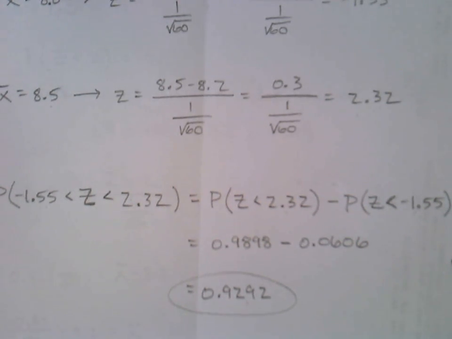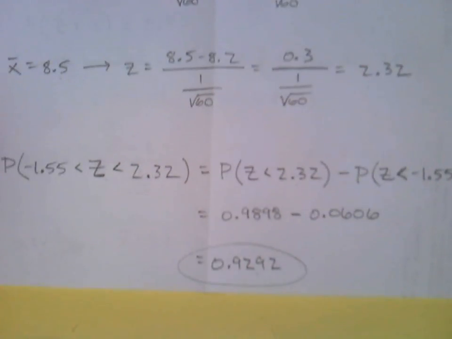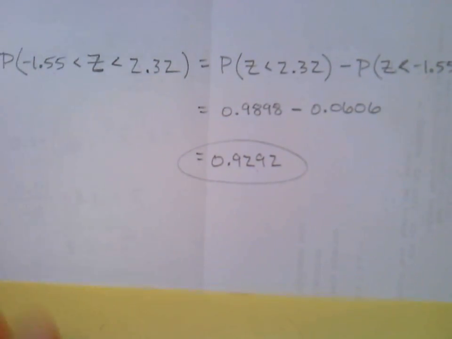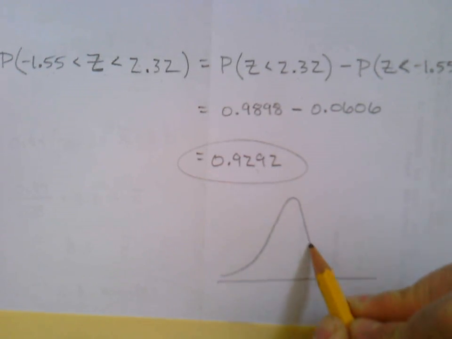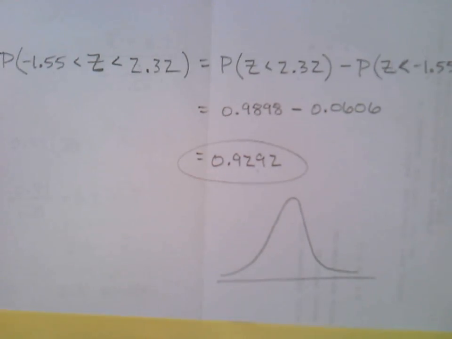We could draw this graph. Hey, why not? I didn't draw it for part A. What's happening here? We've got this very steep normal distribution, right? A sample size of 60. The average is 8.2 there in the middle. So we want to know the chances of being between 8.0 and 8.5. Something like that.